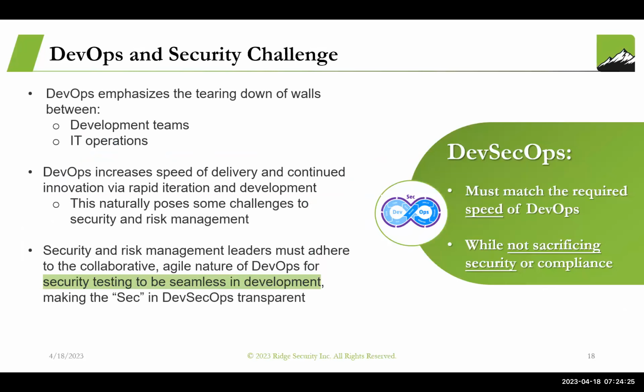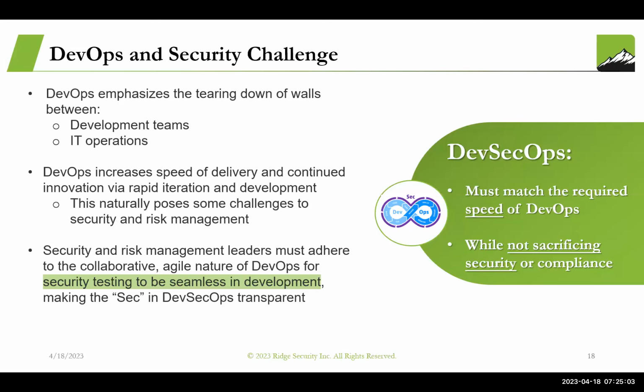Let's take a closer look at DevOps and its security challenge. So again, DevOps emphasizes that the walls between the development team and the IT operations must be torn down as much as possible. And again, the key goal, a mutual goal, is to have increased speed of delivery and also continued innovation. So the challenge is that this increased speed poses some security challenges.